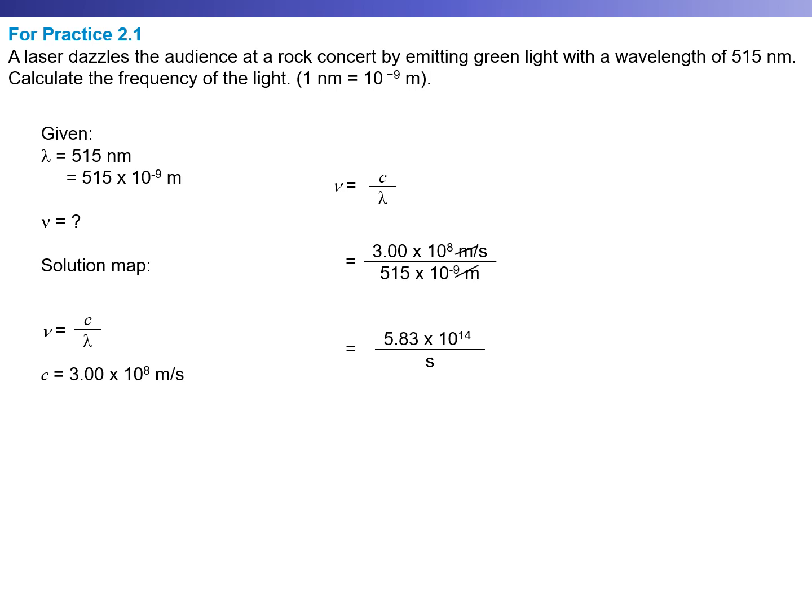We can take that seconds out of the denominator and actually just put it beside our value as a unit by adding a -1 to that s. So our final answer is going to end up looking like this: 5.83 times 10 to the 14th s to the -1, which basically means cycles per second.